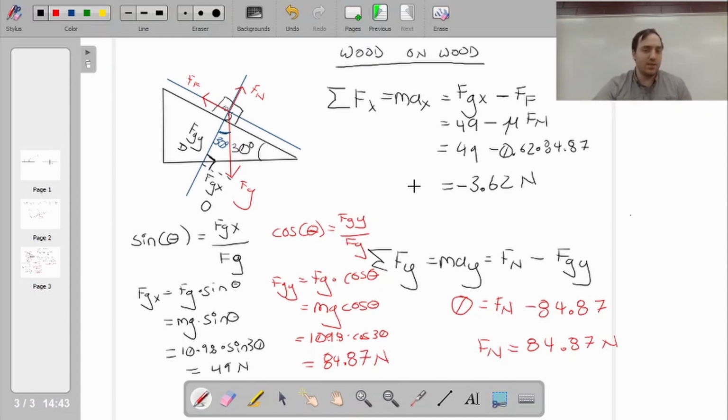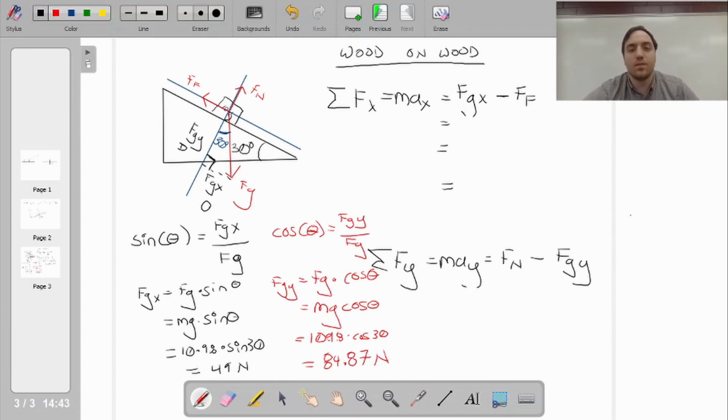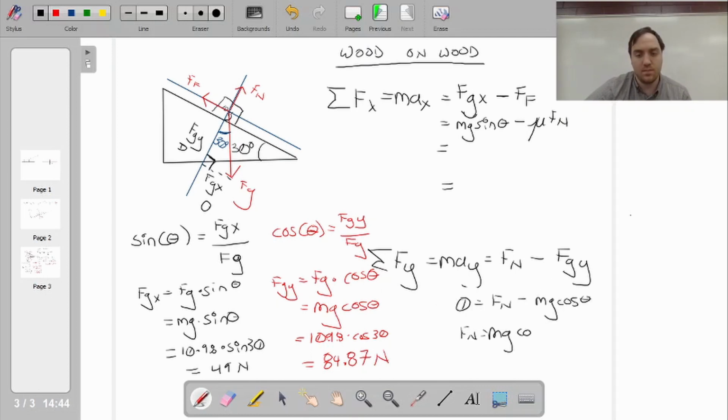Had you done this symbolically, let's go ahead and step back and do this symbolically instead. So instead of plugging in Fgx, I'm going to put this mg sine theta minus mu times Fn. And Fn, I get from down here, mg cosine theta, or equal to my force gravity in the y direction.